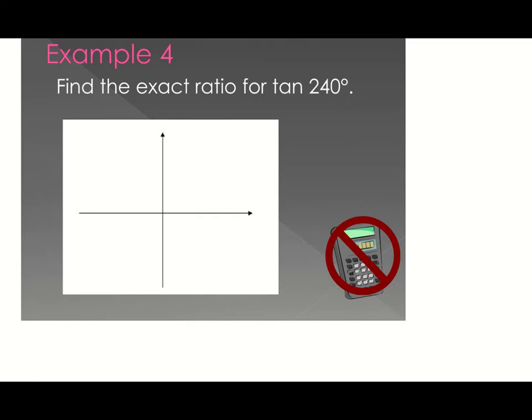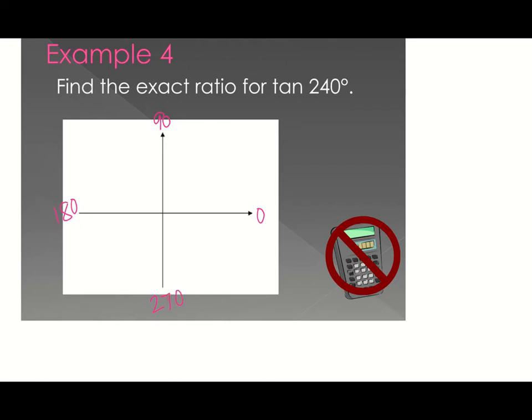All right, so example 4, find the exact ratio for tangent of 240 degrees. So we're moving along in our coordinate plane here, and we have 0, we have 90, we have 180, but we are above 180 here, and our next quadrantal is at 270 degrees.